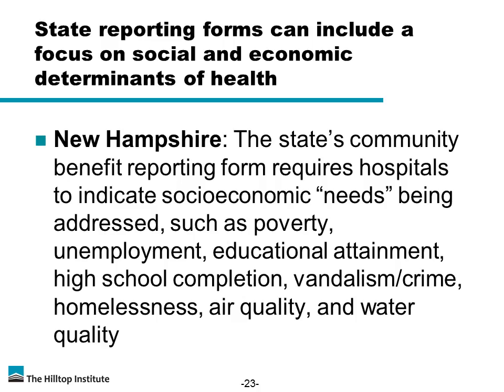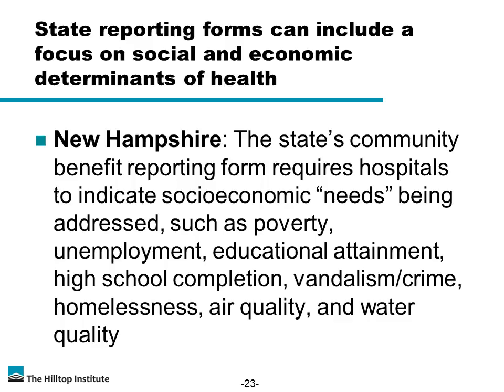And also, state reporting can be very powerful in incentivizing the kinds of activities you want to occur in the state. New Hampshire has a community benefit reporting form that all the hospitals are required to use that requires them to indicate socioeconomic needs that they're addressing, such as poverty, unemployment, educational attainment, high school completion, vandalism or crime, homelessness, air quality, and water quality.